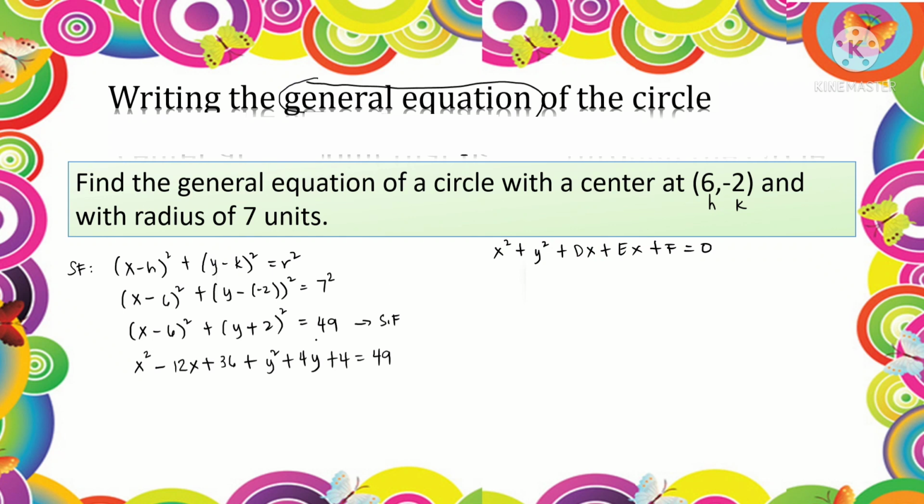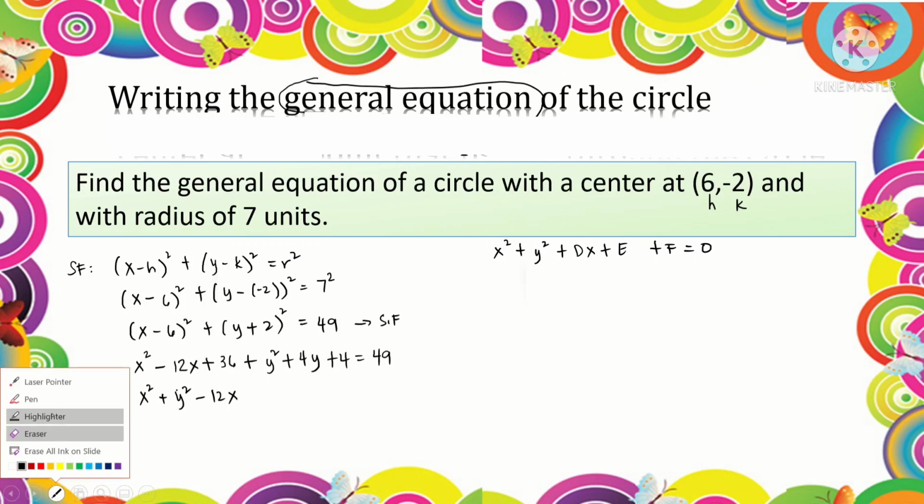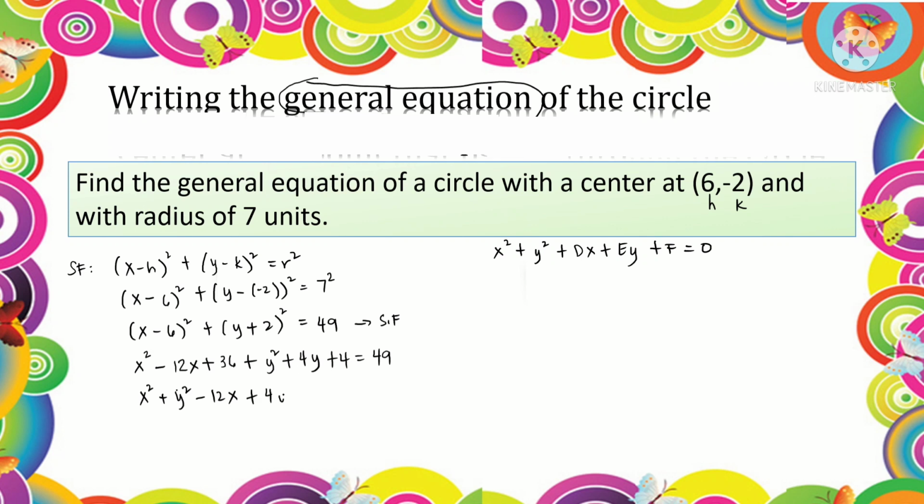So let us arrange this in this format. We have x squared, then y squared. Then, in terms of x, negative 12x. In terms of ey, I'm sorry, this is y. f here is the constant. Negative 12x, then positive 4y.